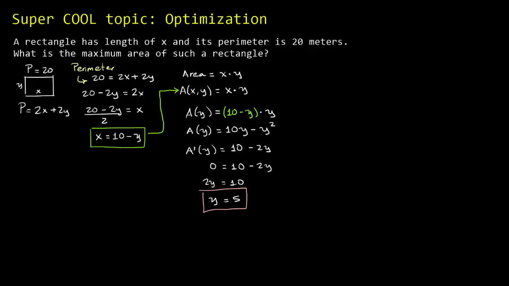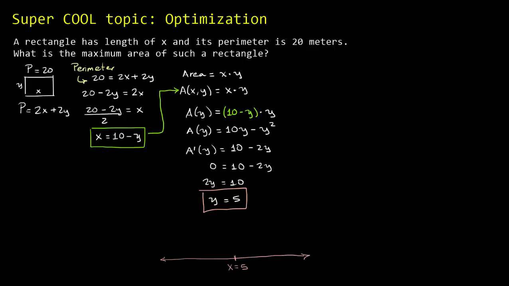It is necessary as well to test whether this is a maximum or a minimum. Of course, this has to be a maximum because otherwise it wouldn't make much sense for this kind of problem. Still, I'm going to test it to prove it so you can see it. The critical point is 5, so pick a value one after and one before.